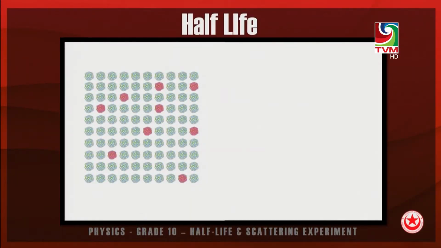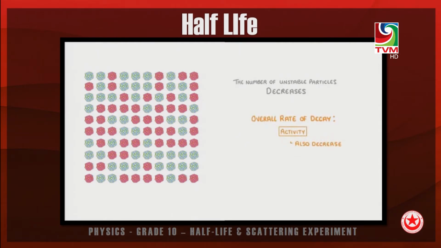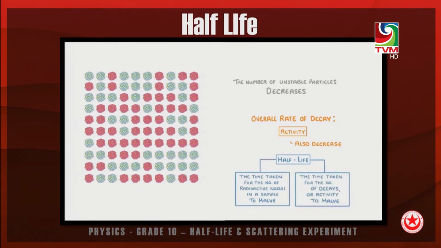As you can see from this diagram, the green and blue colored particles are the radioactive nuclei, and the ones that are becoming red are the decaying particles. As the radioactive process continues, the number of unstable particles decreases, which means the overall rate of decay, which is the activity, also decreases.